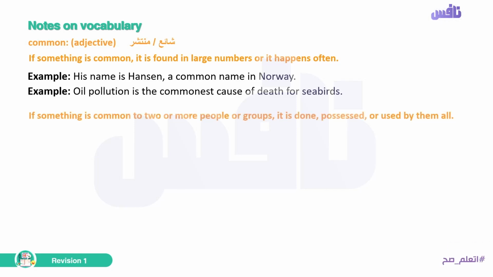If something is common to two or more people or groups, it is done, possessed or used by them all. يبقى لو في حاجة common لاثنين أو لأكثر من الناس معناها إن هي إيه؟ It is done أو possessed or used by them all.